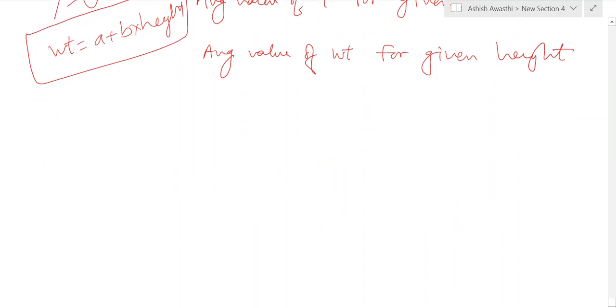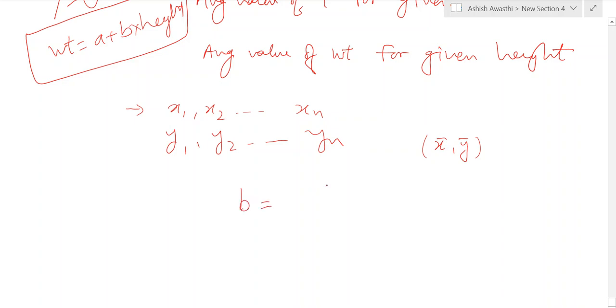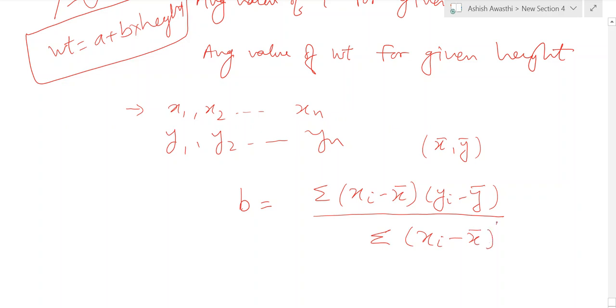If we have some observations x1, x2 and so on to xn, and corresponding y1, y2 and so on to yn, as our regression line passes through x bar and y bar, we can estimate beta as the summation of (xi minus x bar)(yi minus y bar) divided by the summation of (xi minus x bar) the whole square.